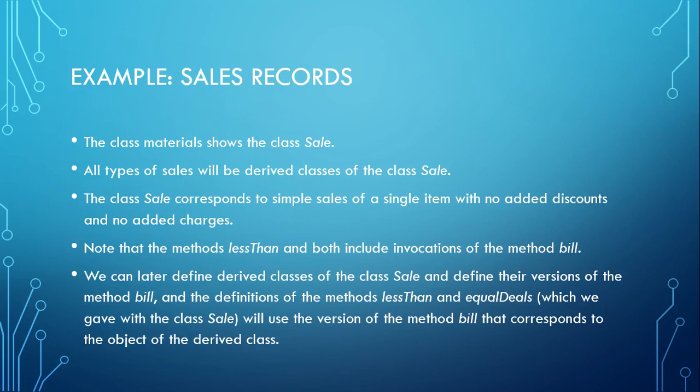We can therefore later define derived classes of the class Sale and their versions of the method bill, as well as the definitions of the methods lessThan and equalDeals, which we gave in the class Sale. These will use the version of the method bill that corresponds to the object of the derived class.